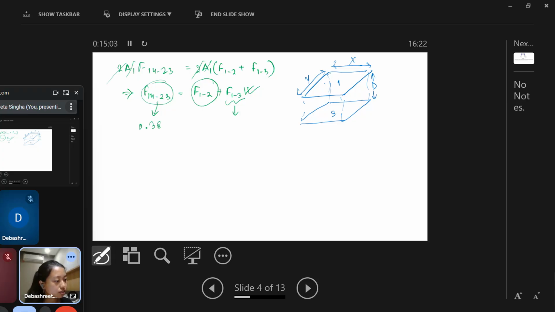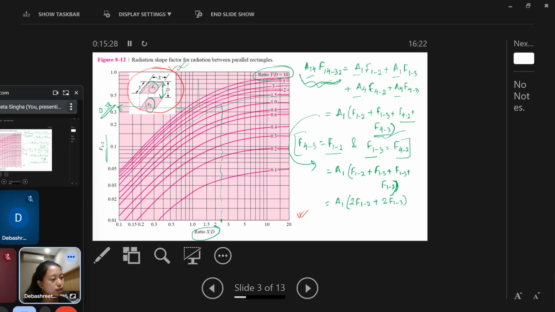Here x is how much? L. So x by d will be L by 0.7. This is 1.43. And also y by d is L divided by 0.7, which is also 1.43. So from here F13 can be found out: 1.43 and 1.43.